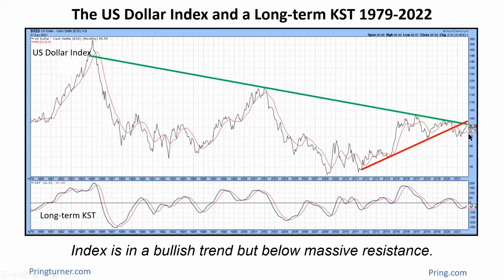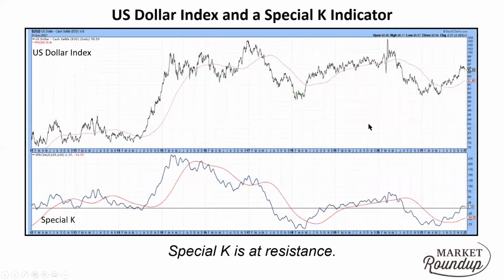So it's in a bull market above its 12-month moving average, but it's below resistance. So a pause in the advance of the dollar could well be in the cards here, even as part of a bull market. And then we also have the special K for the dollar, which is also at resistance on this big downtrend line.